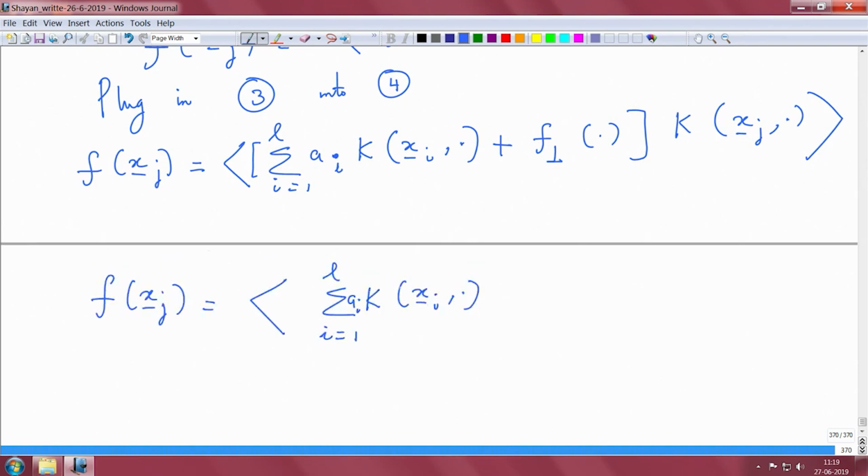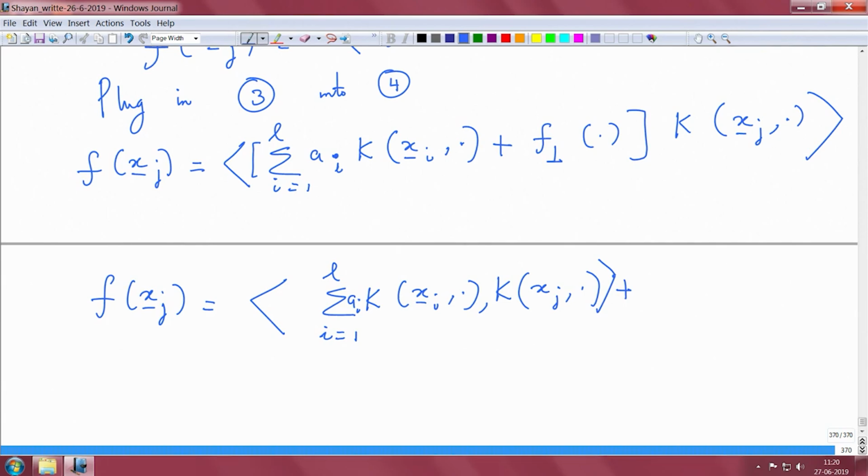So ai times kernel xi dot, and I get this kernel here k xj dot, plus the inner product. I have to put this inner product here, right, inner product of this function with this function. So there is a comma here, inner product of summation ai.